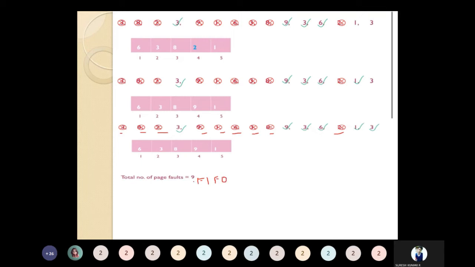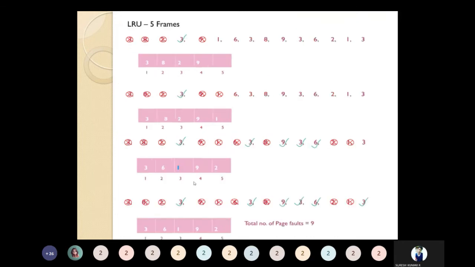Next, we have to see the LRU method, the least recently used method. So first 1, 3, 8, 2.